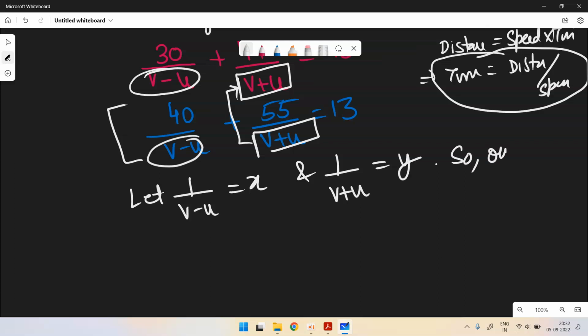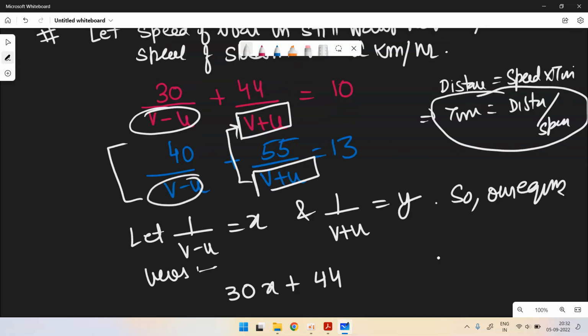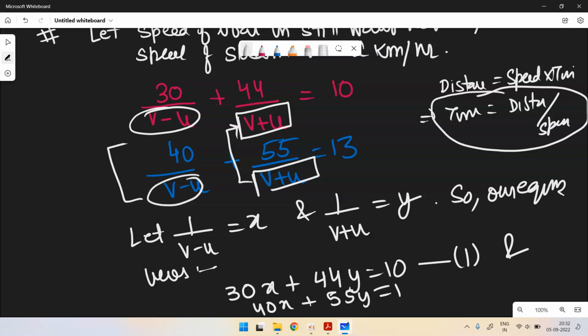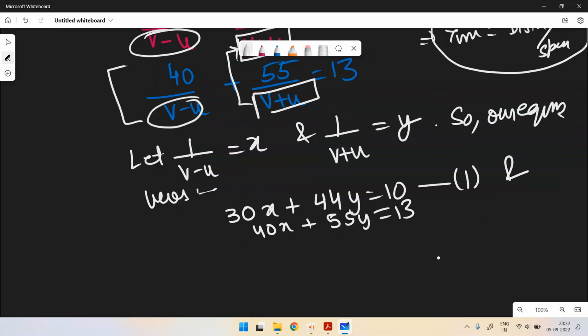So our equations become 30x plus 44y equal to 10 as our first equation, and 40x plus 55y equal to 13 as the second.